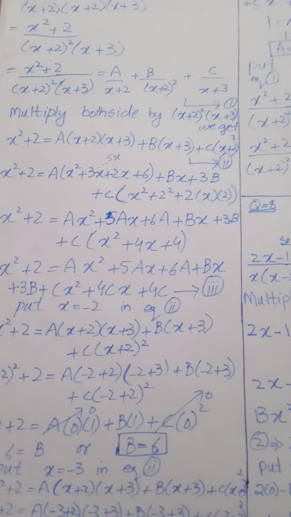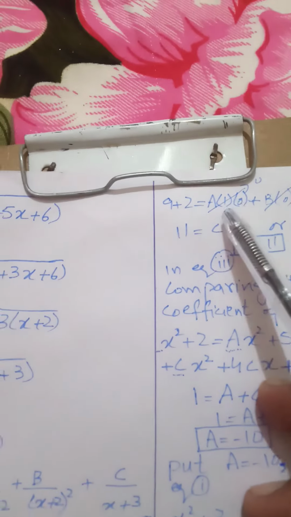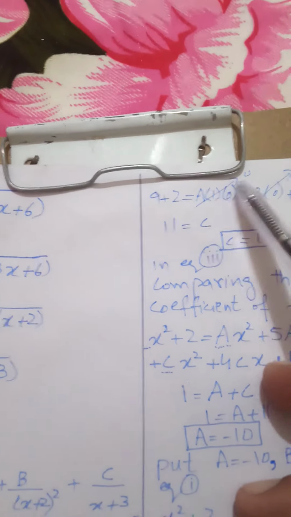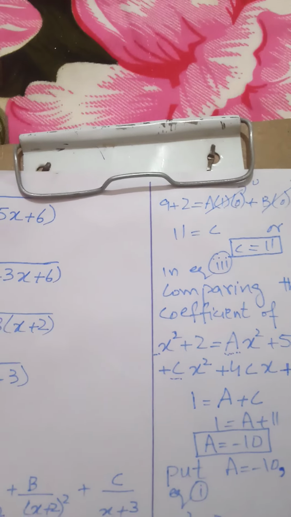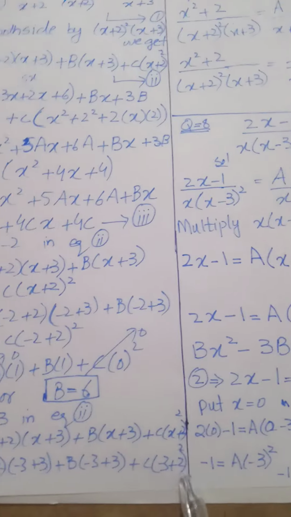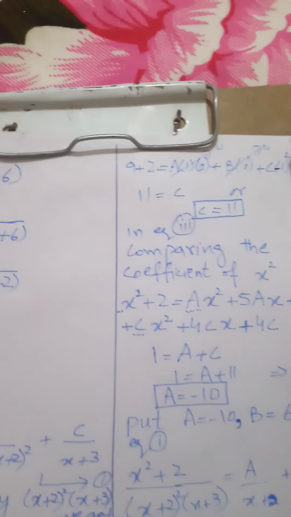Minus 3 whole square and plus 2, so this will be 9 plus 2. For minus 3 plus 3, this term will be finished, this term will be finished. C into minus 3 plus 2, this will be minus 1. Minus 1 square is again 1.